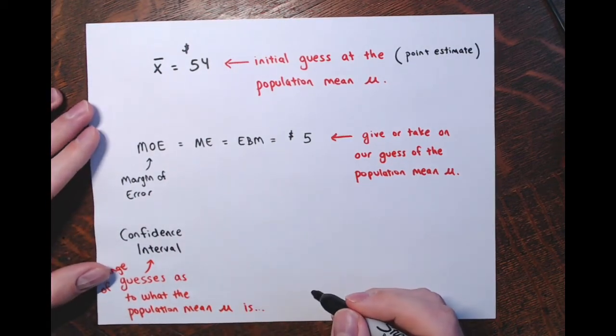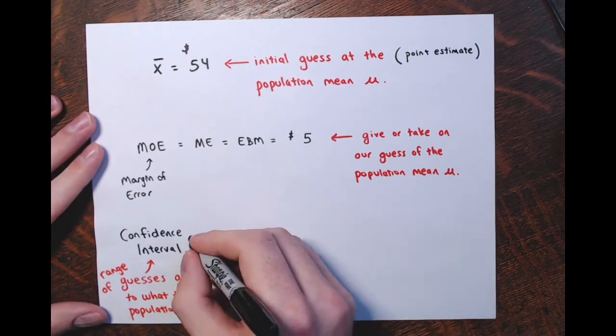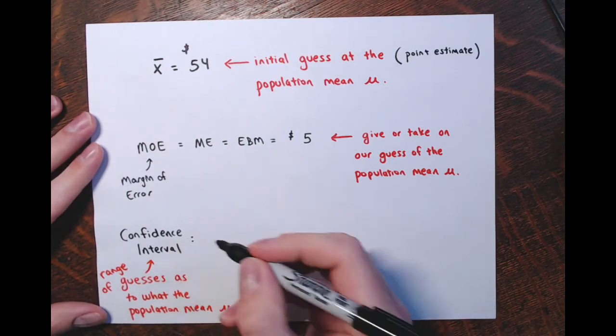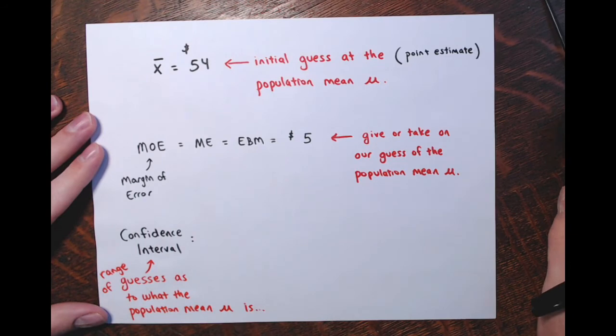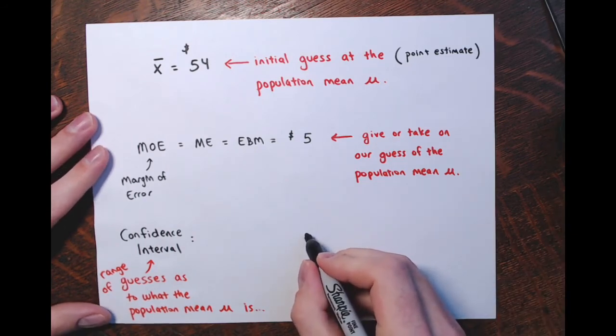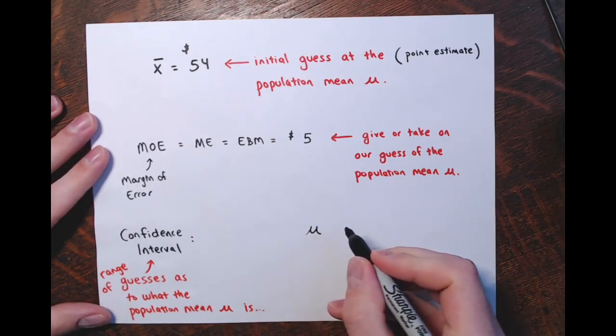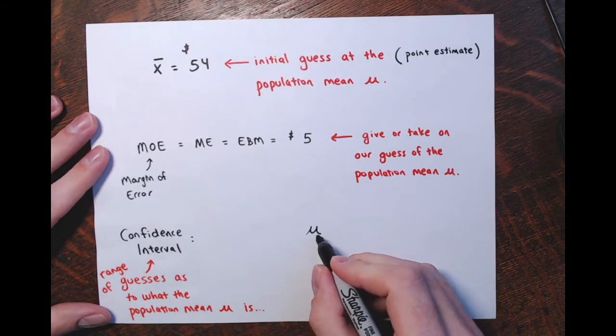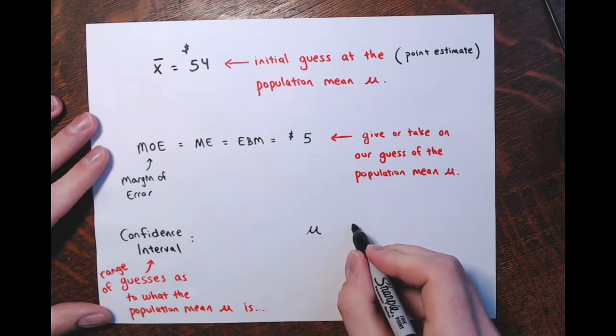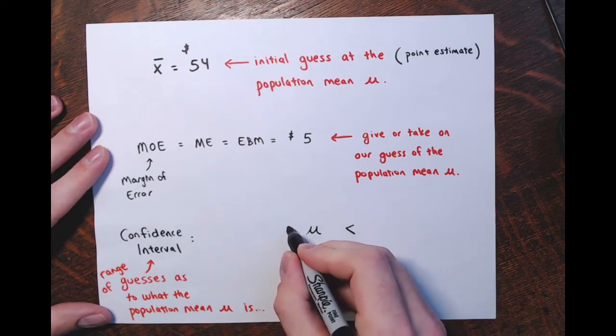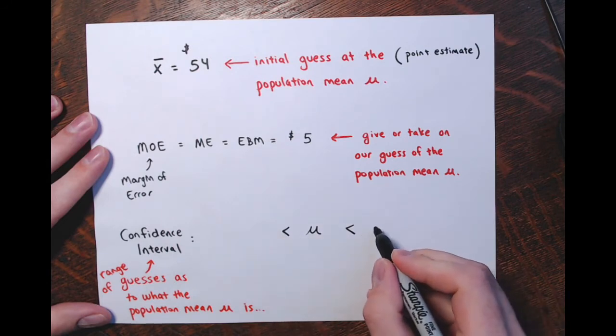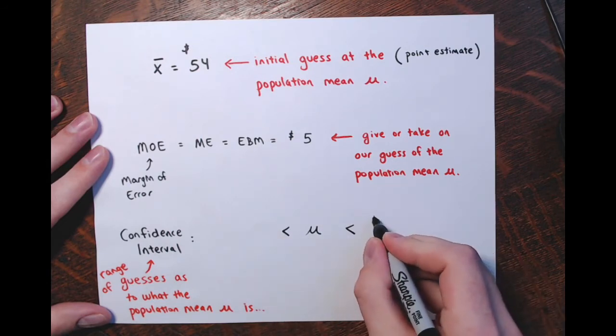All right, and the way this is formed, now you'll see this written in multiple fashions. One is we could say that mu, the population mean, falls between our point estimate minus the margin of error and our point estimate plus the margin of error.